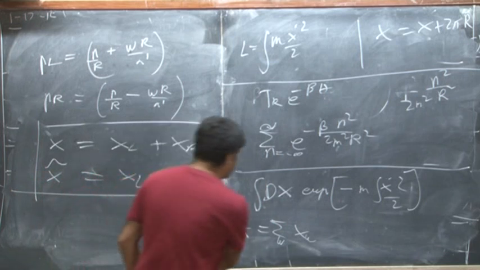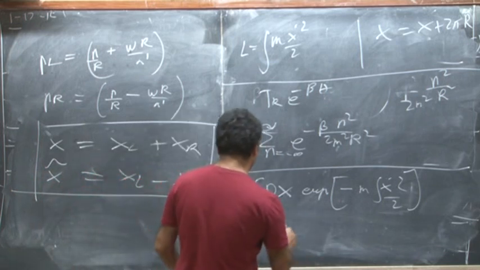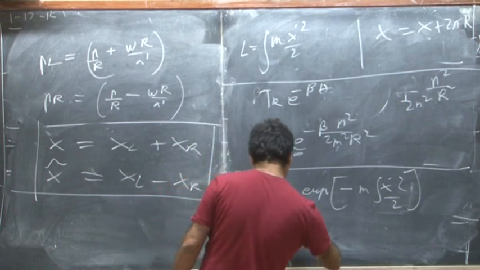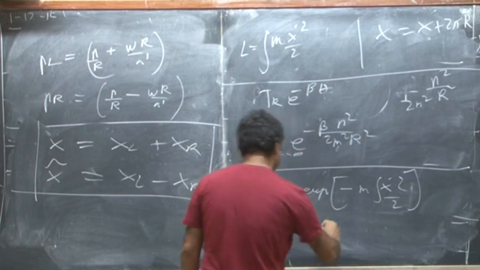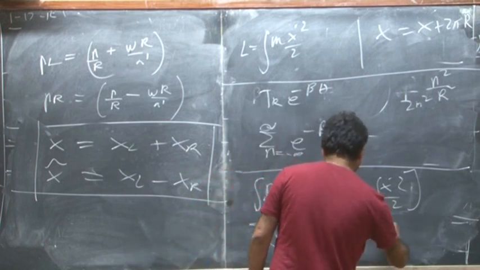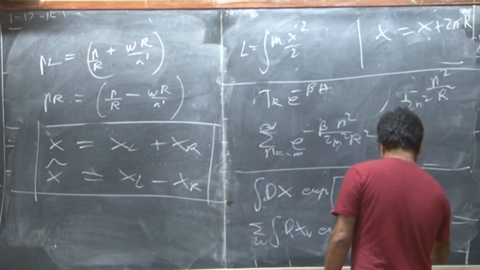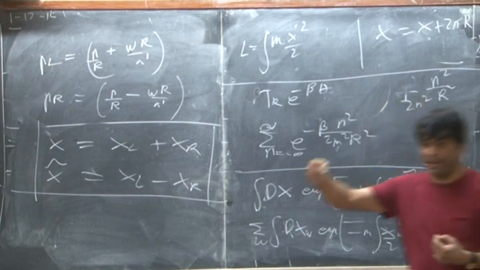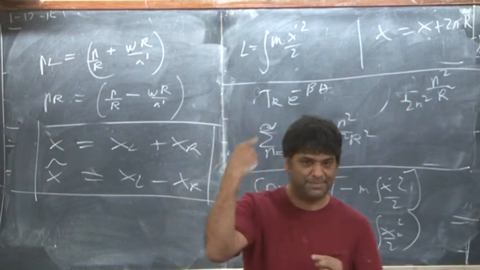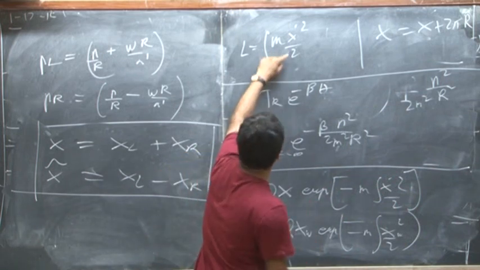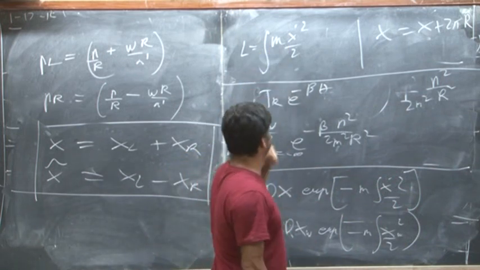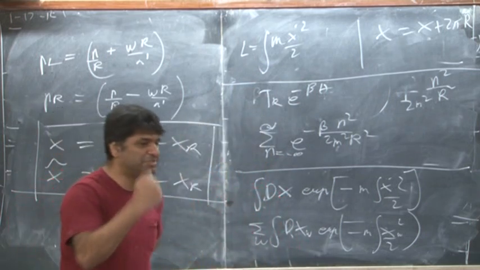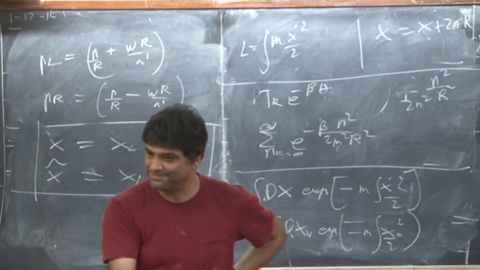Oh, I should say that the path integral is sum over w of dx_w, where x_w are those path integrals over those fields such that tau goes to tau plus beta, and x goes to x plus 2 pi w r.